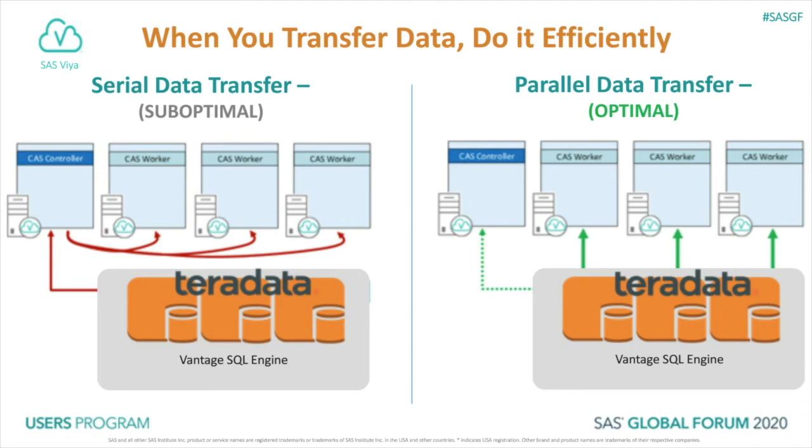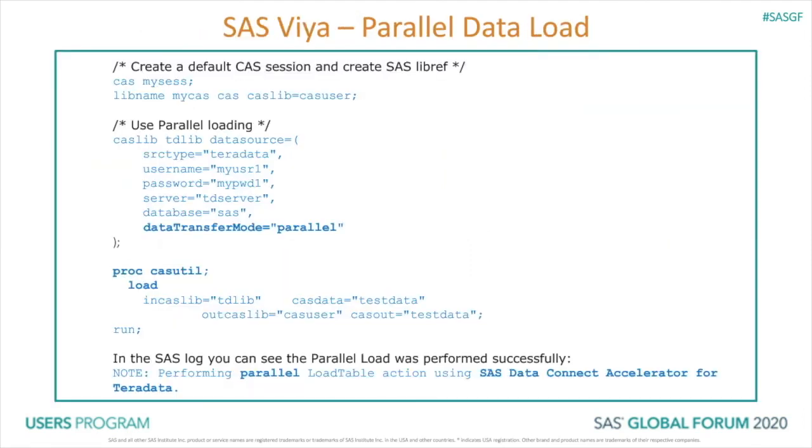So if you are performing this, this is the code that shows you how to do it. You can see kind of in the center, it says data transfer mode equals parallel. And that is how you tell Viya that when you do your CAS actions, you want to do your data transfers in parallel. So this example is a parallel data load.